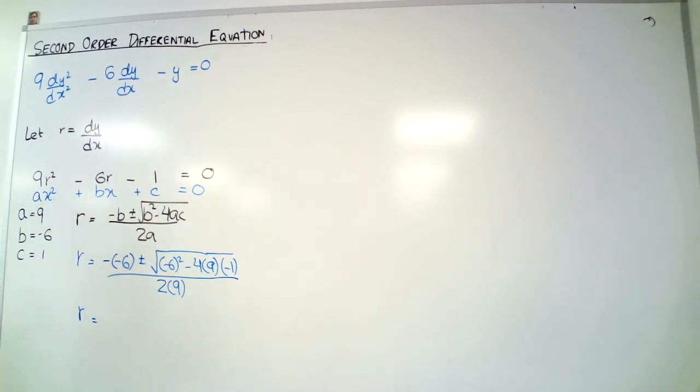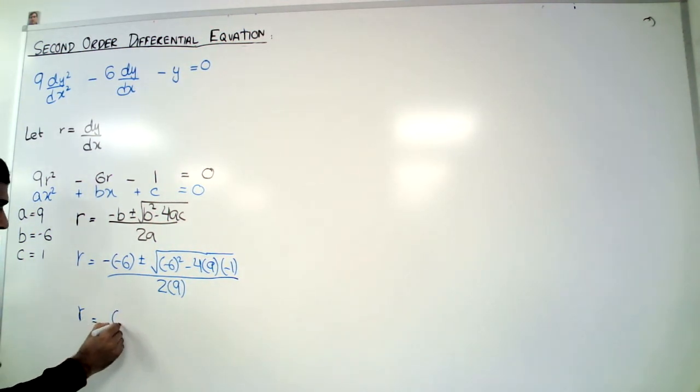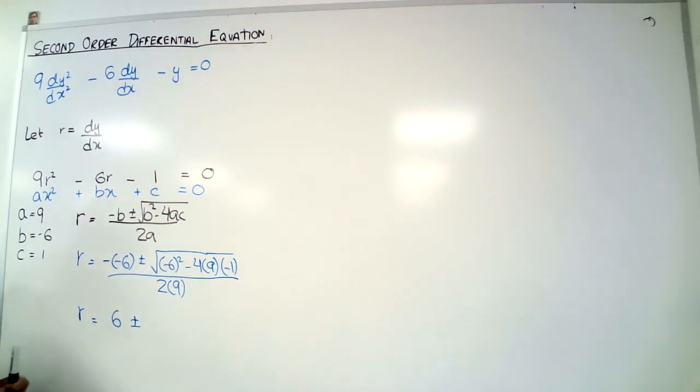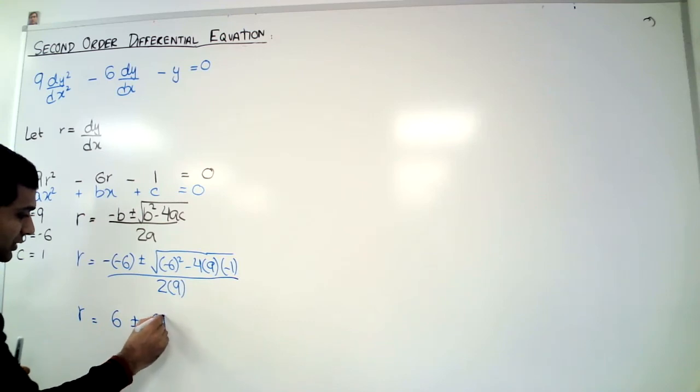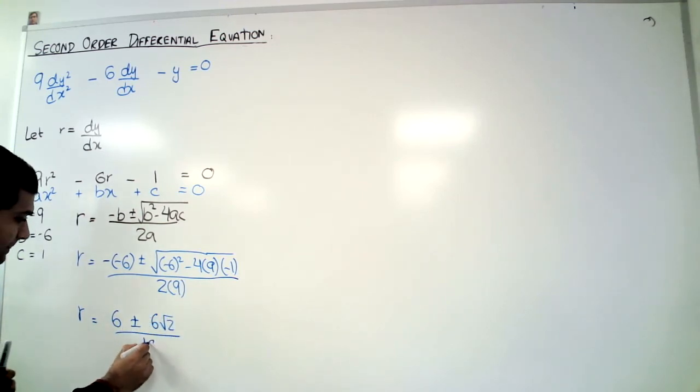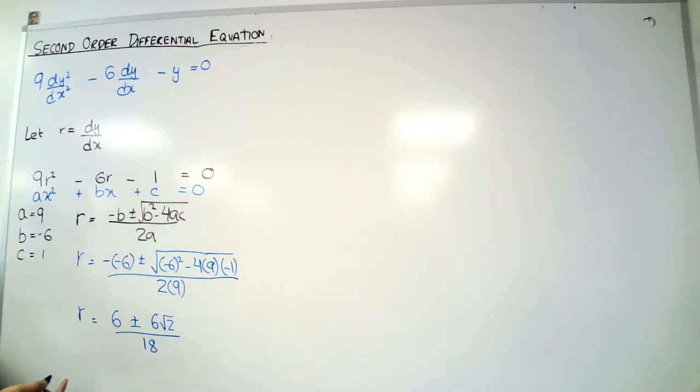Now, your answers are going to be 6 plus minus 6 root 2, divided by 9 times 2 is 18. Yeah. You can further simplify. When you put that in calculator, you simplify. Try to get the exact value. Do not do that in decimal. When you do that one, you can divide everything by 6. So that will become 1 plus minus root 2 over 3.